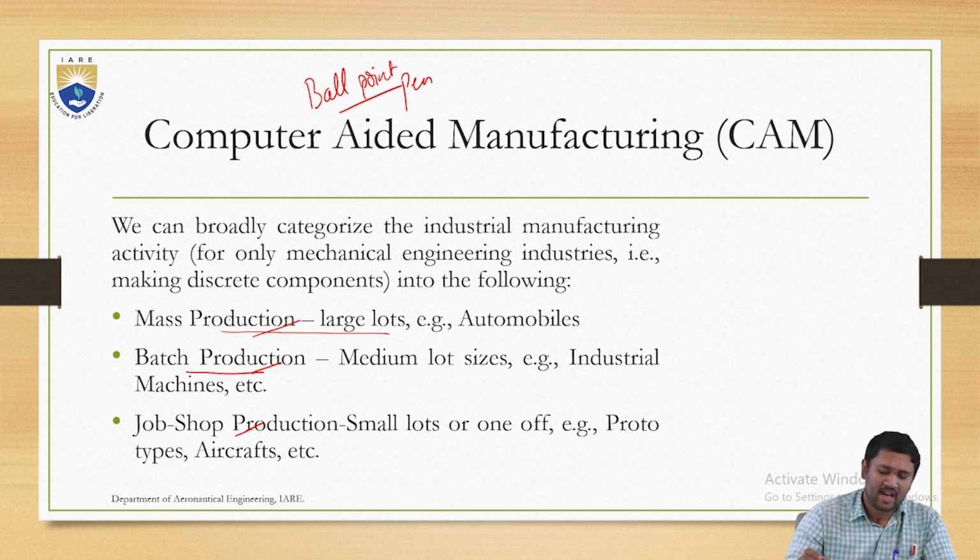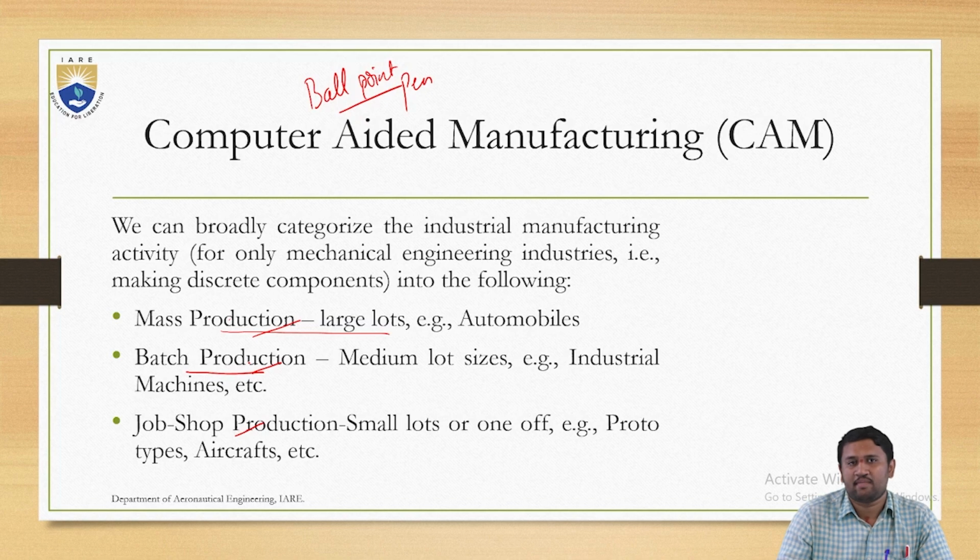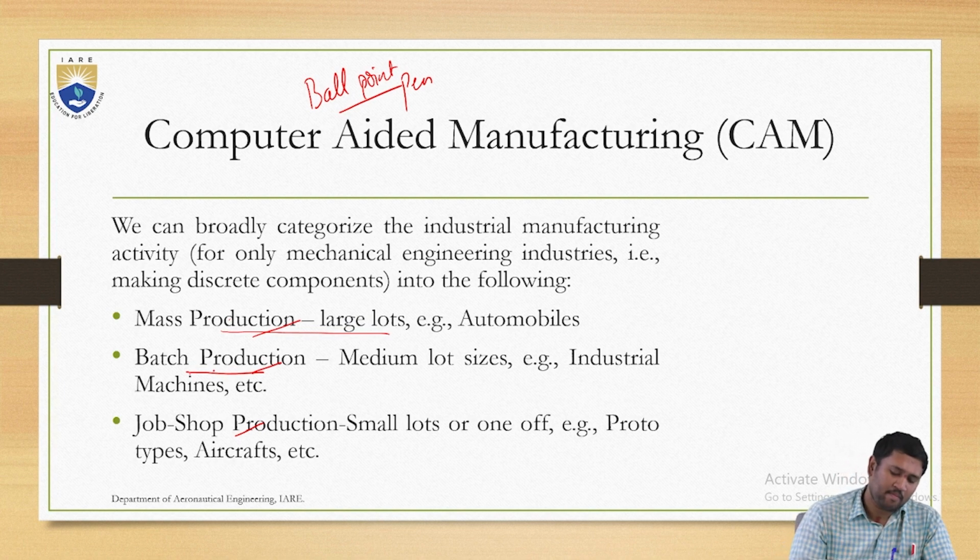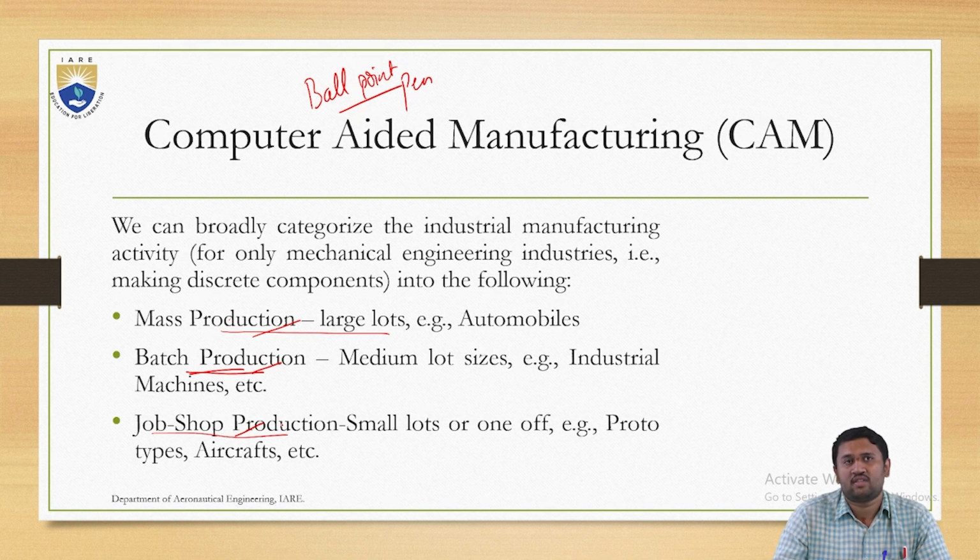Next, as part of batch production, medium size lots. Examples are industry machines, ACs, or aircraft. For aircraft, we have a number of models and a number of machines to work on, so we produce under batch. And at last is job production. Very small lots, or just a few units as required.